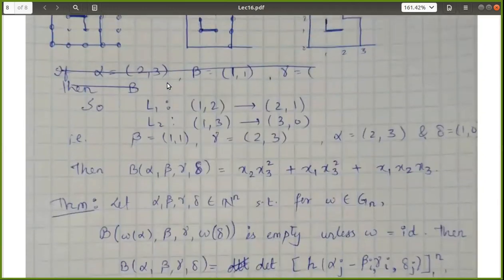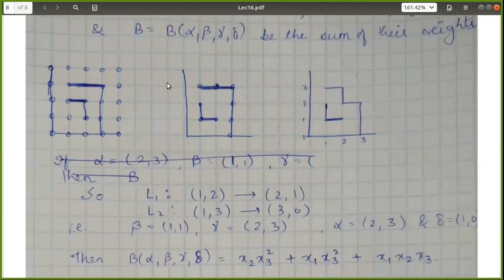Okay, just to see a small example of this. So I have drawn here this lattice. So I have taken, okay, I should not have written like this, but what I was more interested in that, you consider lattices from points 1, 2 to 2, 1. Okay, this is one lattice, and another lattice you consider from point 1, 3 to 3, 0. So this you see is 1, 2, this is 2, 1, this is 1, 3, and this is 3, 0.